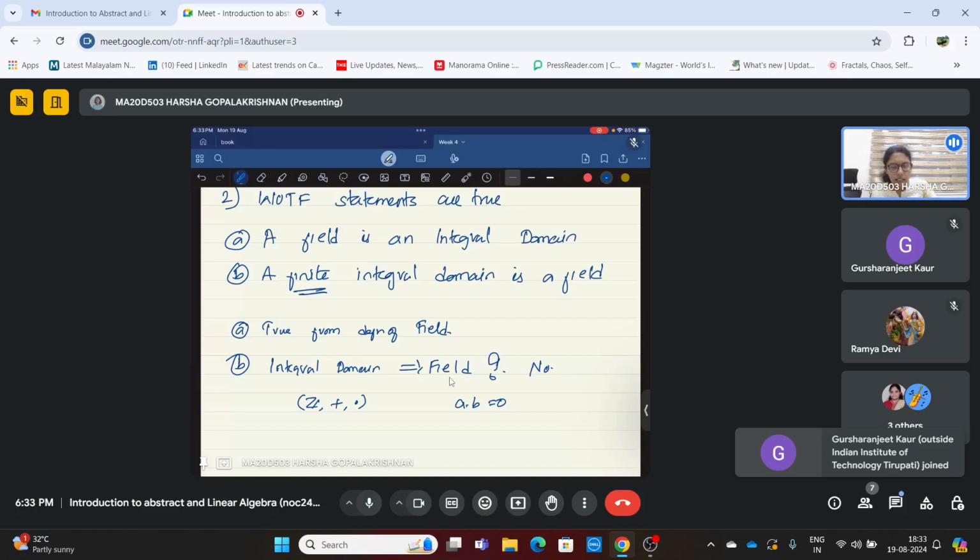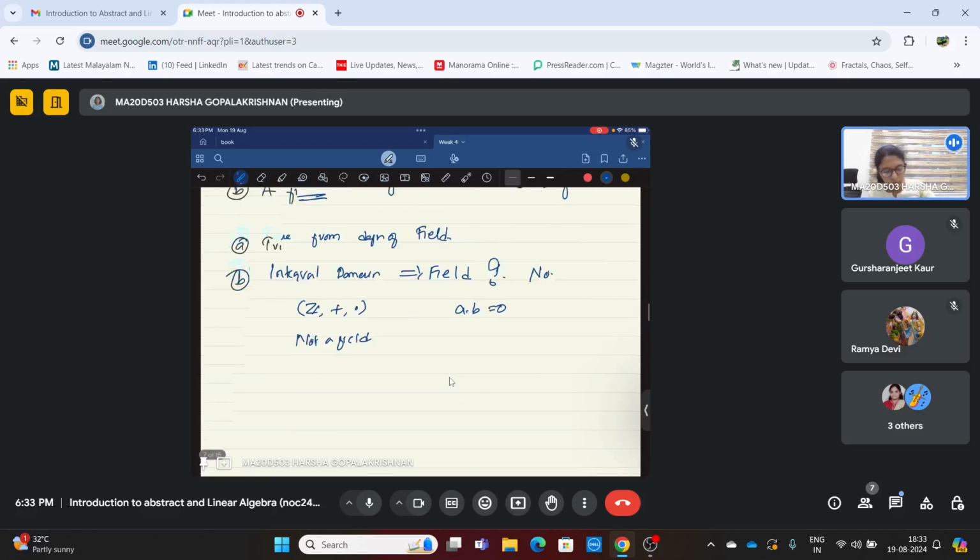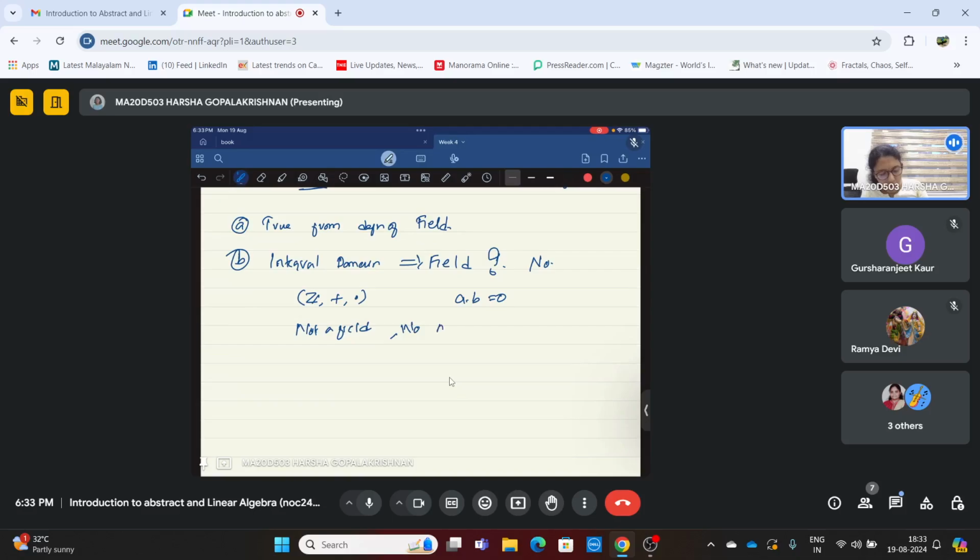So it is an integral domain, but it is not a field, because for example, if I take the element 2, it does not have a multiplicative inverse. The possible inverse for 2 would be 1 by 2, which is not in Z. No multiplicative inverse for 2, not just for 2, for 3, 4, 5, everything.